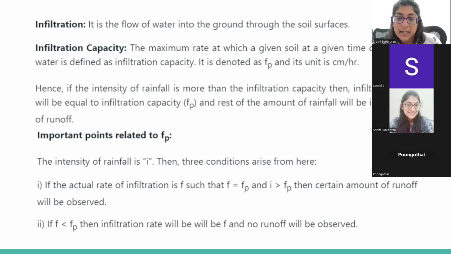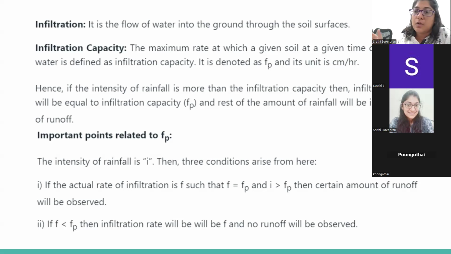Now, if the intensity of rainfall is less than the infiltration capacity, then the infiltration rate, the rate at which infiltration is occurring, will be equal to the rainfall intensity. Because say if 10 centimeter per hour is the infiltration capacity of that soil, and rainfall is occurring only at 5 centimeter per hour, then all of the water will go.